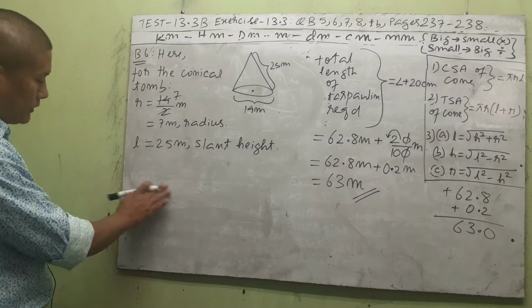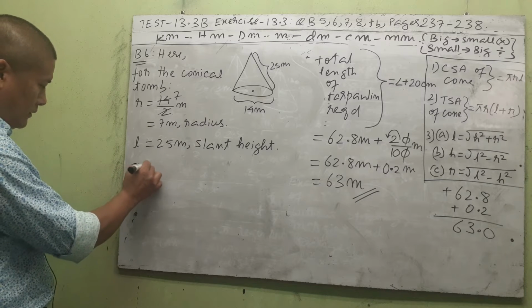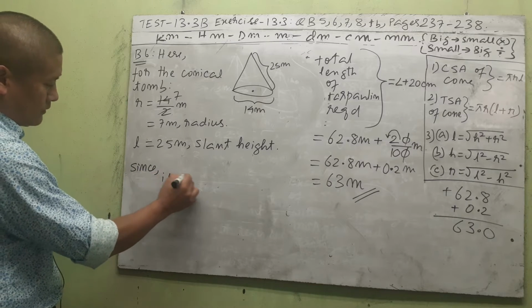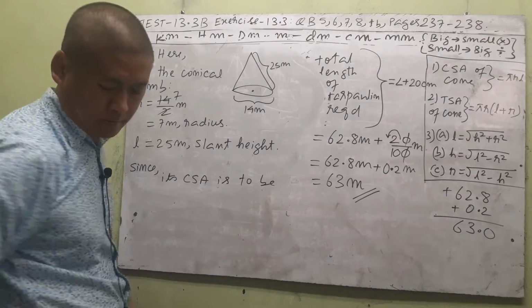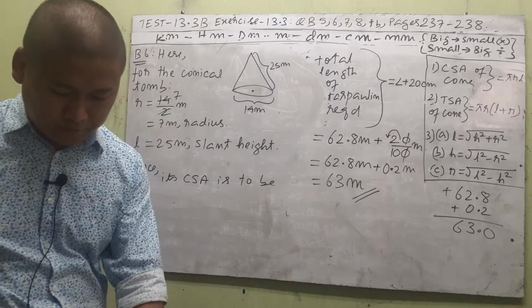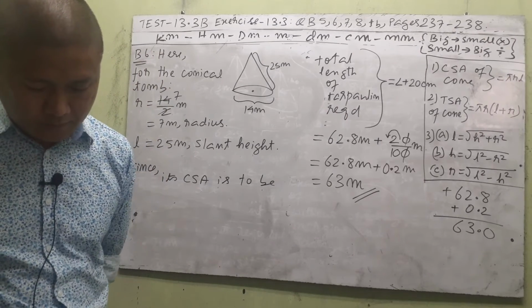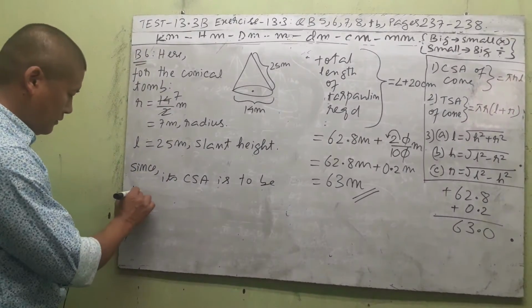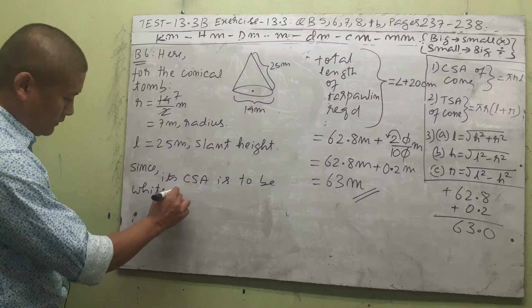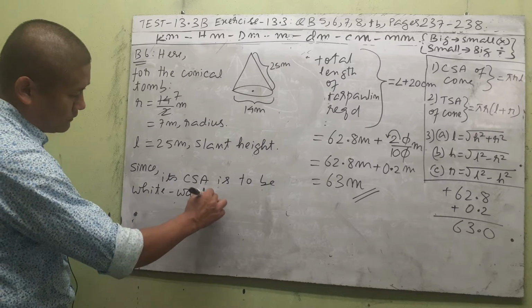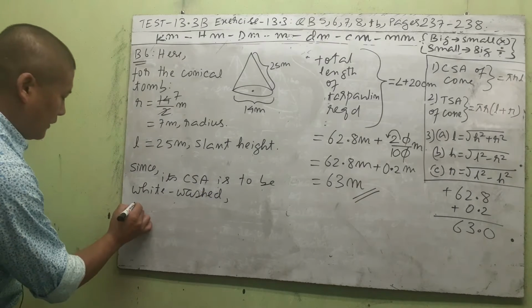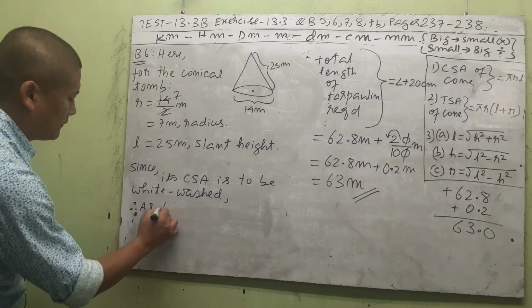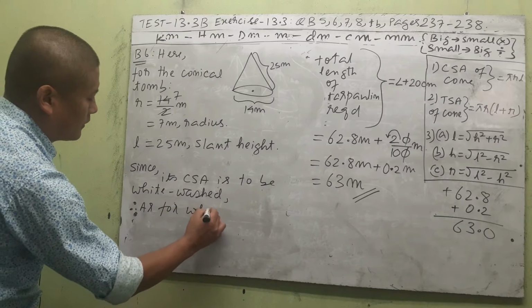Since its curved surface area is to be whitewashed, as we read in the question, that will give you the area for whitewashing.